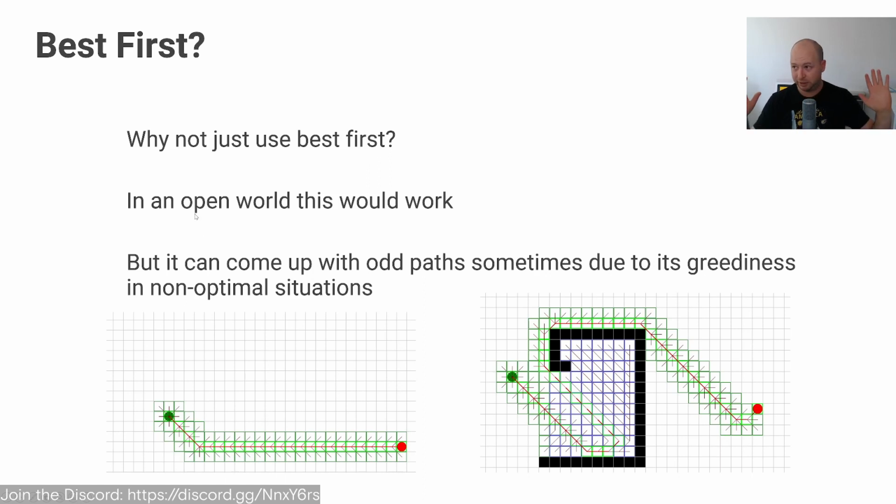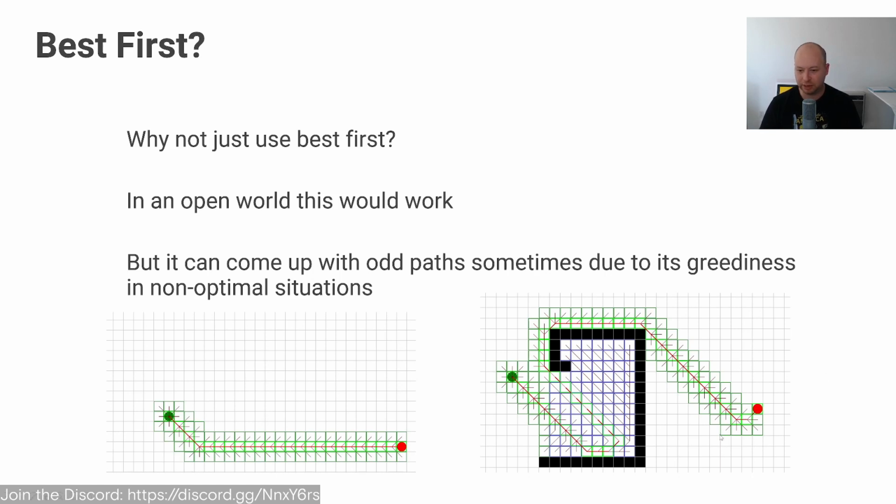But if you have a world where there are obstacles, especially obstacles that have these cavities, these concave type of things, it'll come up with very strange paths that don't really make sense because it's just being greedy. And by greedy, it's just taking what's available to it immediately. It doesn't wait and see what might be better.